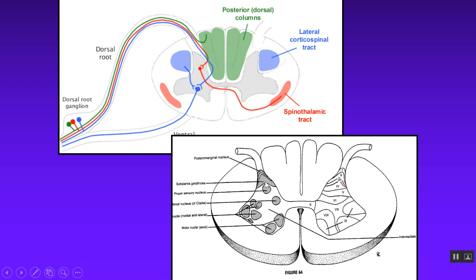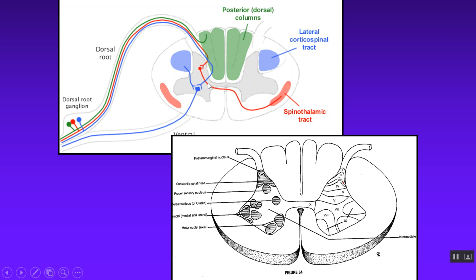That happens to correspond to this lamina, mainly lamina 2, but also some of 1 and some of 5. That region is like a nucleus, but it's called the substantia gelatinosa. It's a differentiated region of gray matter in that dorsal horn that has the second order neuron cell bodies for fast pain and temperature.